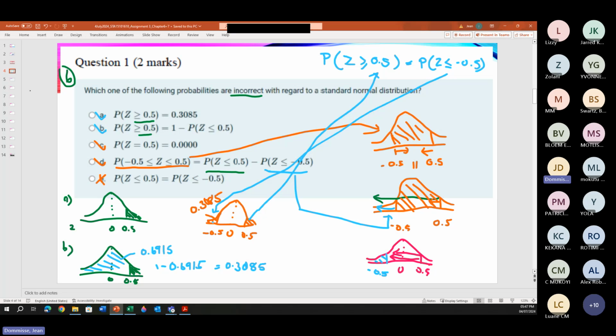Okay, so this is one question that they love to ask. What they also sometimes do with a question like this is they can give it in the sense of Z, like they did with the first one, where they say Z bigger or equal to 0.5 is that. So they could use numbers that you need to go to the table for certain things as well.